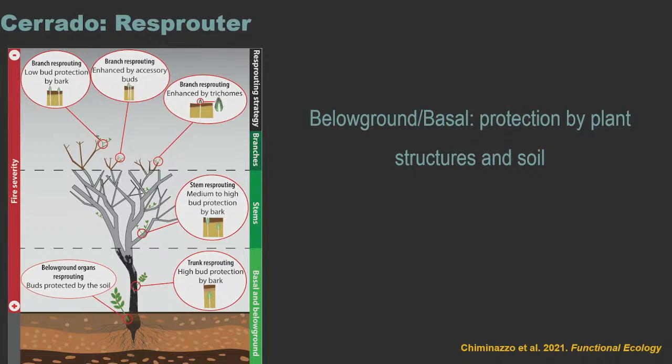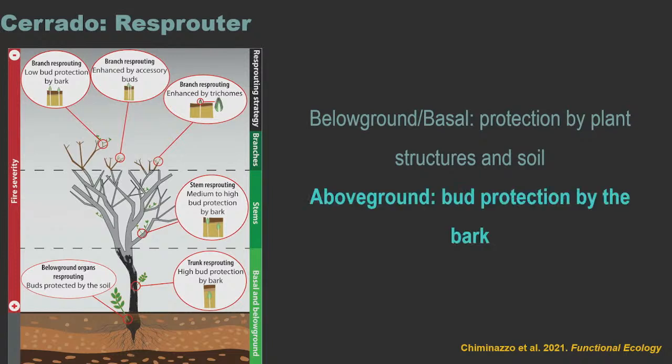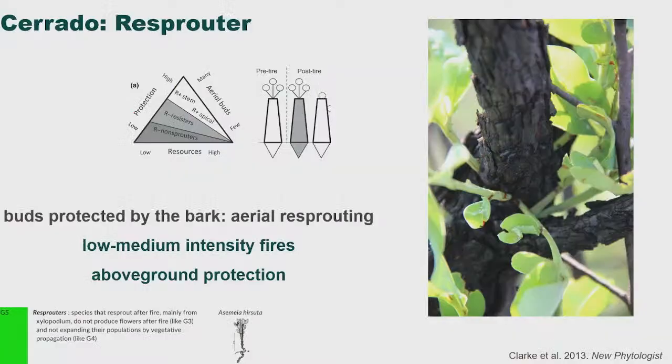So it is very important that these plants have buds either protected by some structure of the plant, like the leaves, or very well protected by the soil. But we also have plants that are able to resprout above ground, like most of the trees and the shrubs. So they will rely mostly on this bud protection.